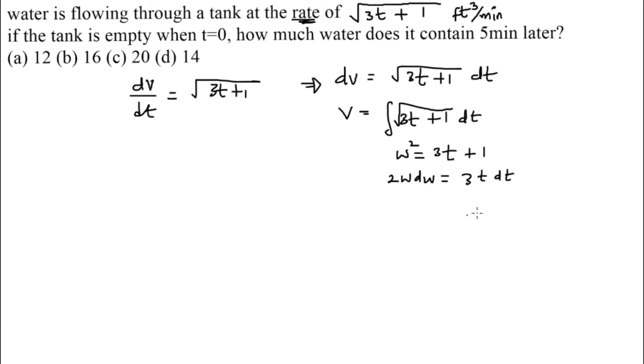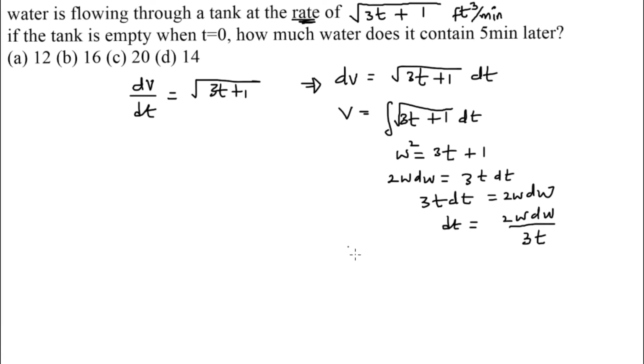So I need to make dt the subject of the formula. 2w dw equals 3 dt, so dt is equal to 2w dw upon 3 if I divide both sides by 3.